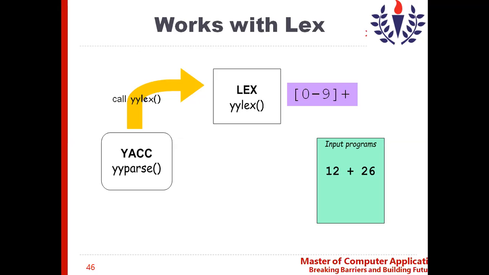If you take the first input, 12, it is a number with two digits, 1 and 2. With respect to the pattern 0 to 9, yes, 1 belongs to this range, so it can be accepted. And 2 also belongs to this range, so it can be accepted.